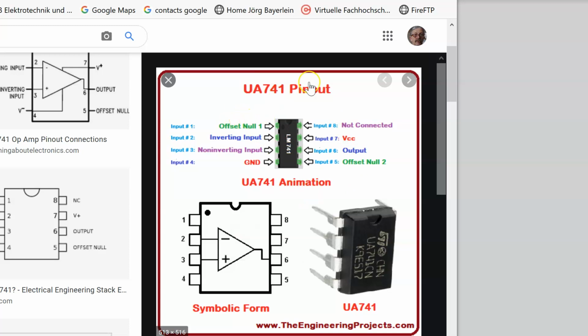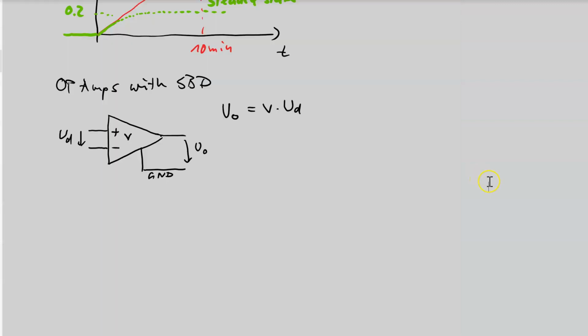So where can we get the ground pin? Very simple, by using a double power supply with the following grounding. I go back now to the OneNote. The typical connection is, we have here a positive input pin, negative input pin, output pin. Those are the 3 pins really existing, and then we have a plus VCC and a negative VCC voltage.